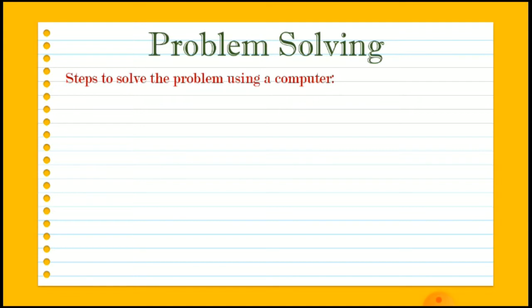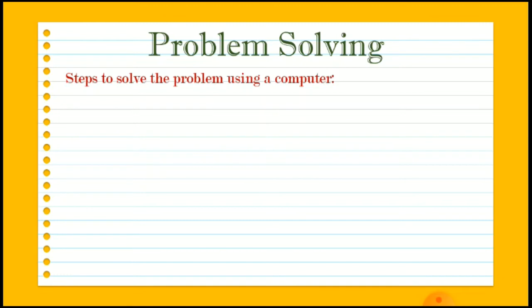In order to solve the problem using a computer, the steps given below are to be strictly followed to get the result. So there are 5 steps to solve any given problem using a computer.